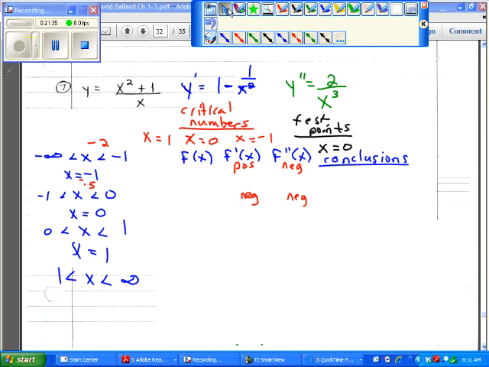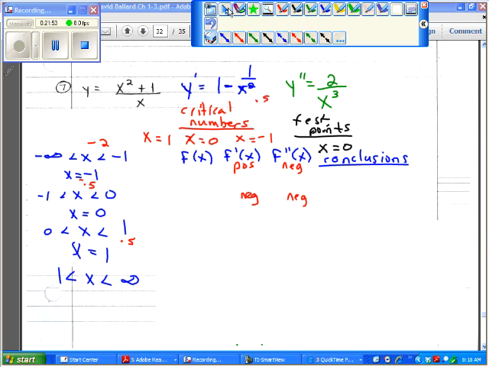Okay, well, we'll continue then. We need to be within this interval of 0 to 1. From 0 to 1 would be like a 0.5.